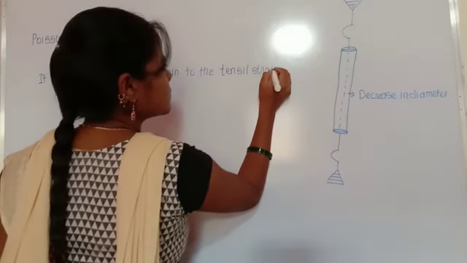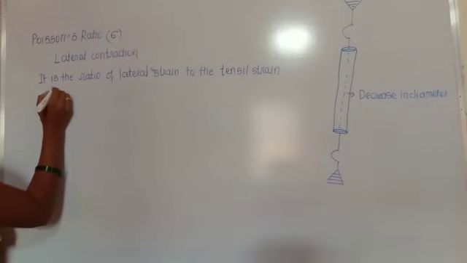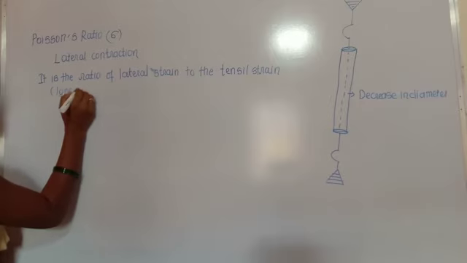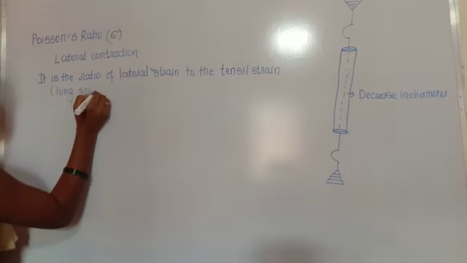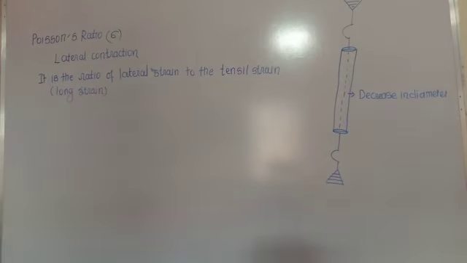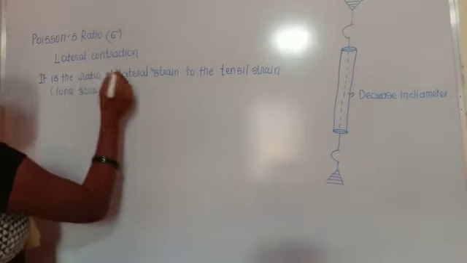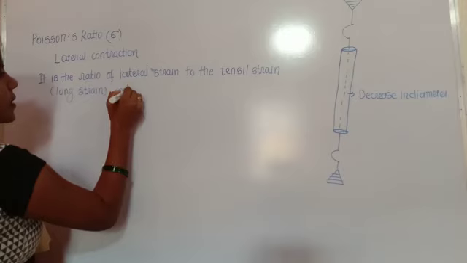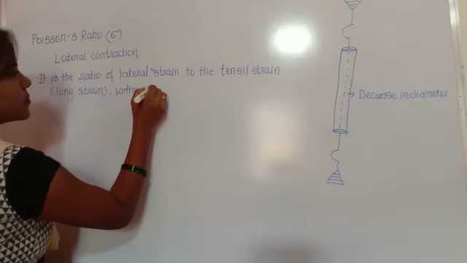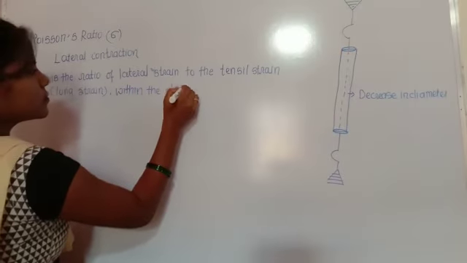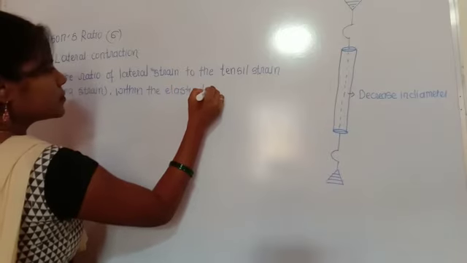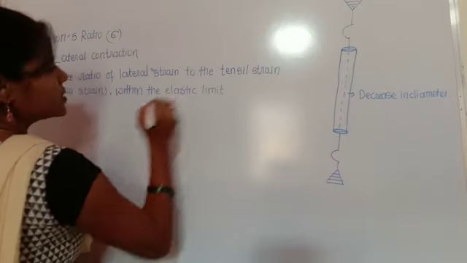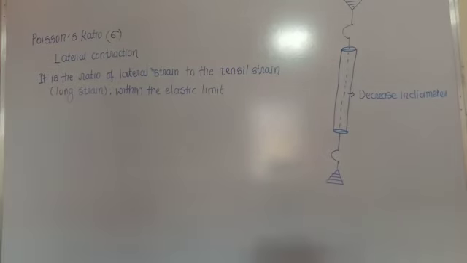Tensile strain is also known as the longitudinal strain. It is called Poisson's ratio within the elastic limit, and all of these are within the elastic limit. This is denoted by the letter sigma.